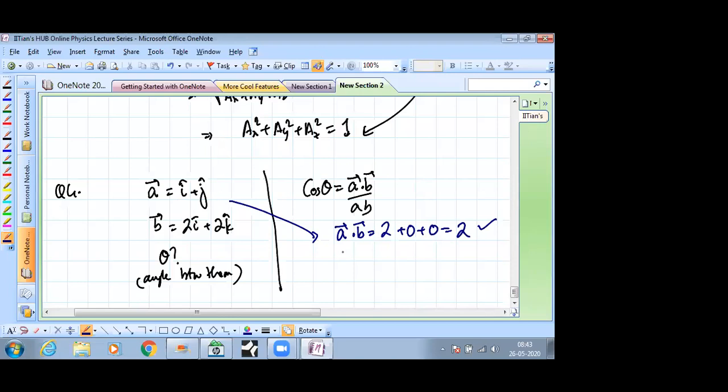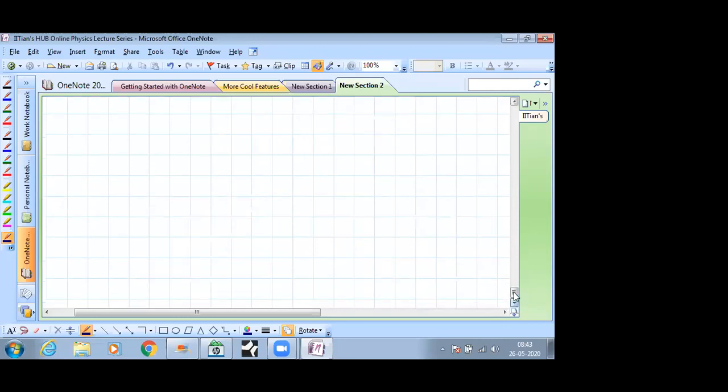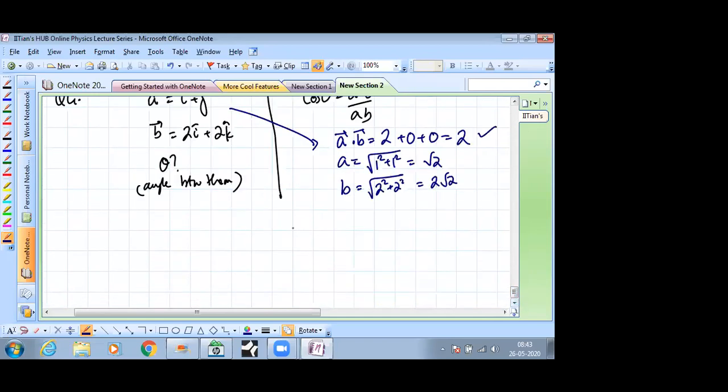So that's it. Then you can see mod A should be square root of 1 square plus 1 square, so that is root 2, and mod B should be square root of 2 square plus 2 square, that is 2 root 2, or square root of 8. So now your cos theta is becoming A dot B, which is 2, divided by this, is becoming 1 by 2, as you can see.